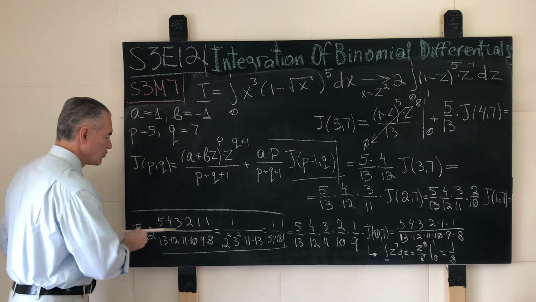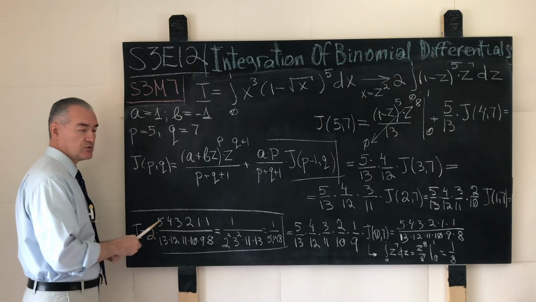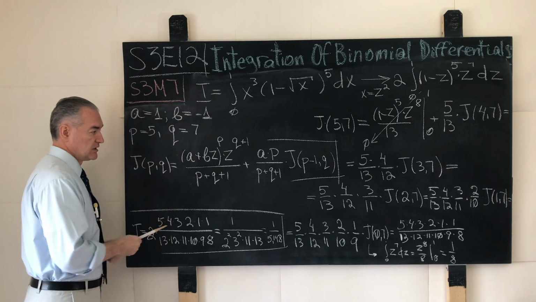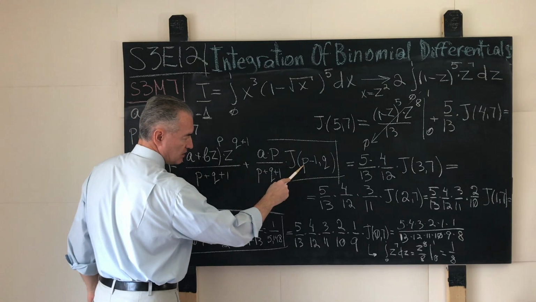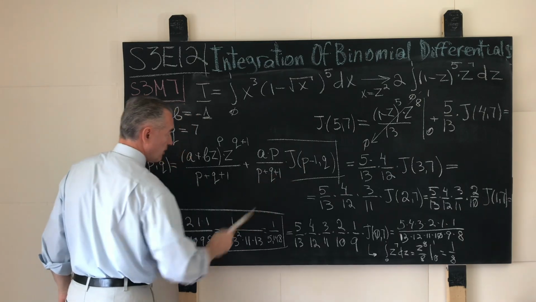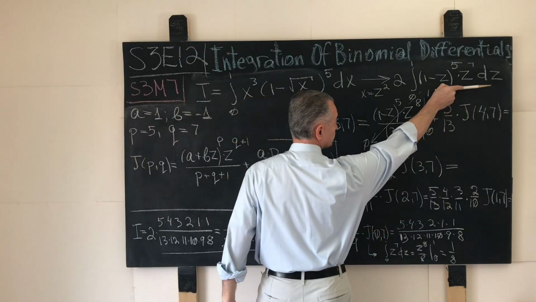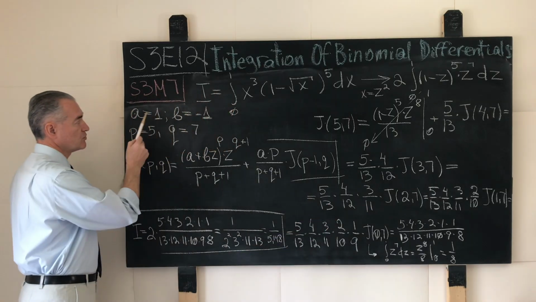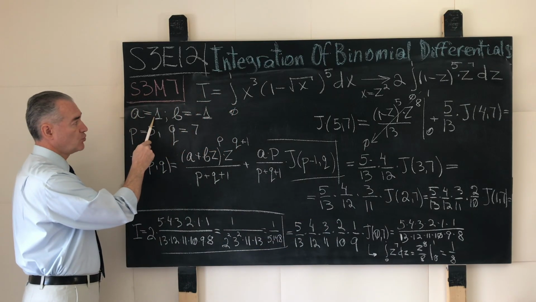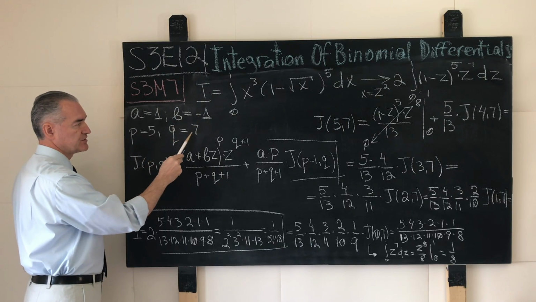We will apply this formula over here that we developed. Let's say we can agree this was our formula number 3, the third recurrence relation, where we argued that p, when it's positive, will iterate down by 1. What is the integral shown over here? Well, this is a specific instance of our differential when the constant a is 1, b is negative 1, p is 5, and q is 7.